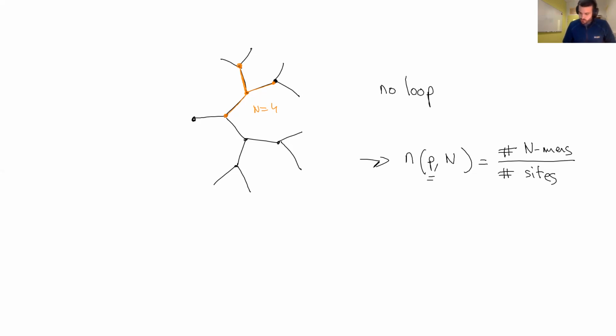So we'll start with a few preliminaries and definitions. So this is part number 1. And the first thing we want to stress are the limitations of the model. So the limitation of the model is, as we said, there are no loops. And the second thing is that if you think about the particular case, for instance, where p equals 1, well, you have now your network that is fully connected.